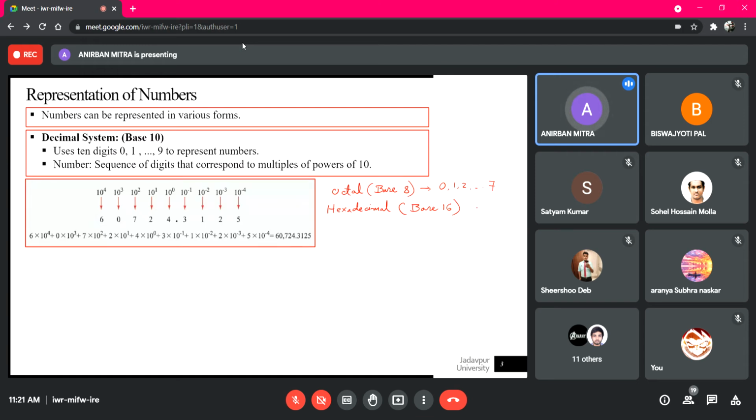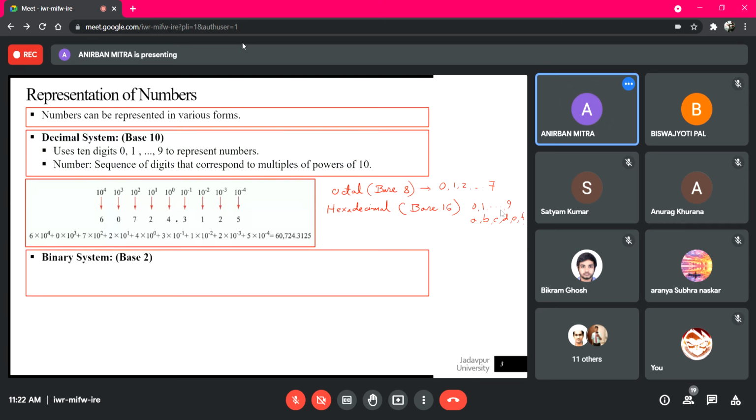What happens in case of base 16? We cannot cover 16 with only the digits. So we go from 0 to 9, that's 10. What happens after this? Anybody knows? So we'll use the first 6 letters: A, B, C, D, E, and F. So here A corresponds to what? 10. 10, 11, 12, 13, 14, 15. So this is the base 16 hexadecimal system. But right now, we are only interested in the binary system, which has base 2.